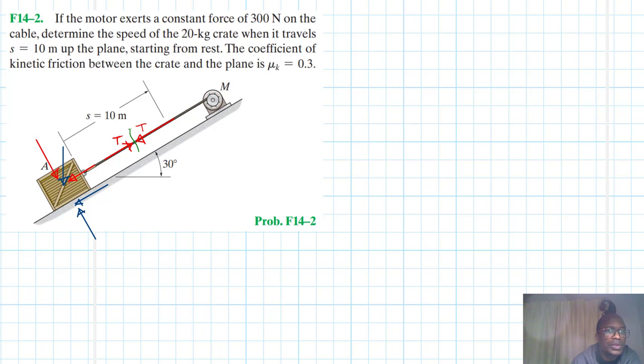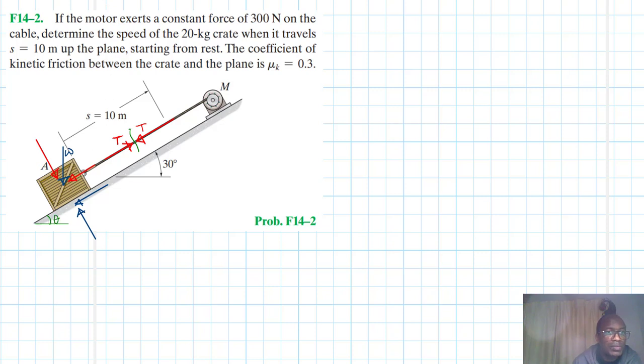And this is W. And this angle here is theta.